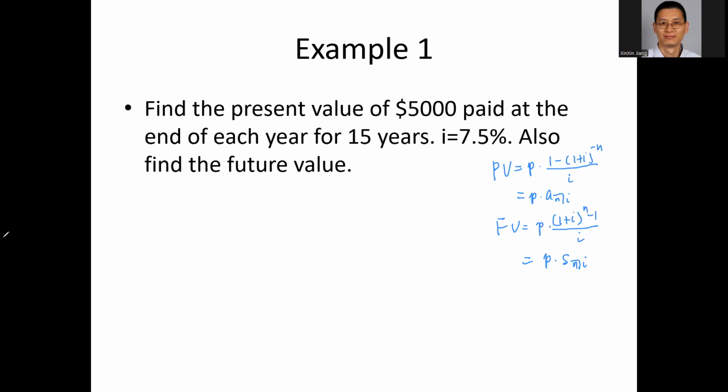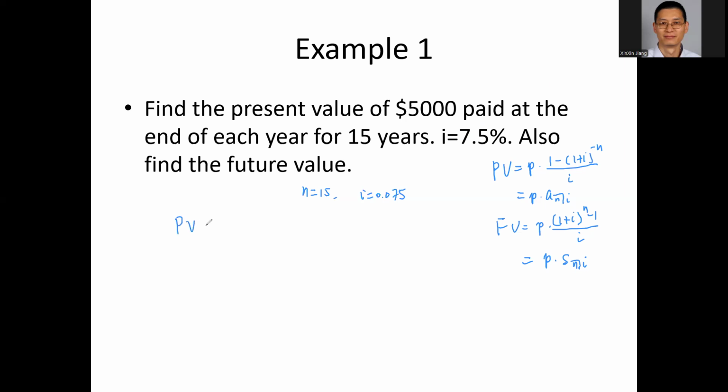All right, so let's look at this example. Find the present value of $5,000 paid at the end of each year for 15 years. So we have n equals 15, i is 0.075. It's annual, so we're fine. We don't need to do conversion. So we're looking for the present value at the beginning.